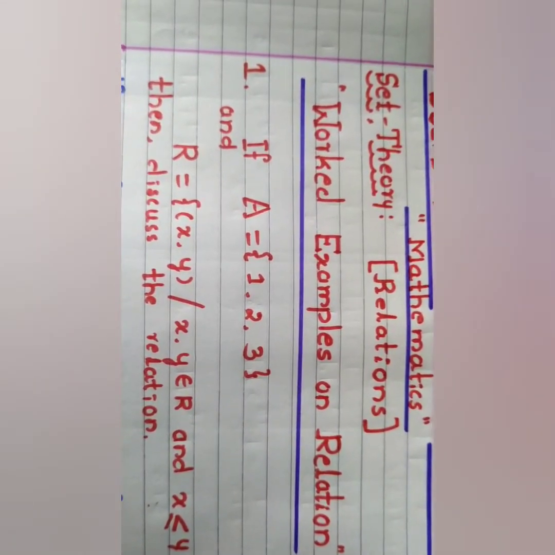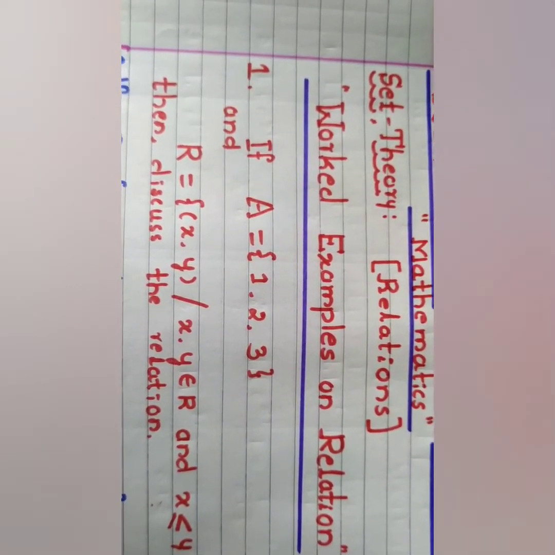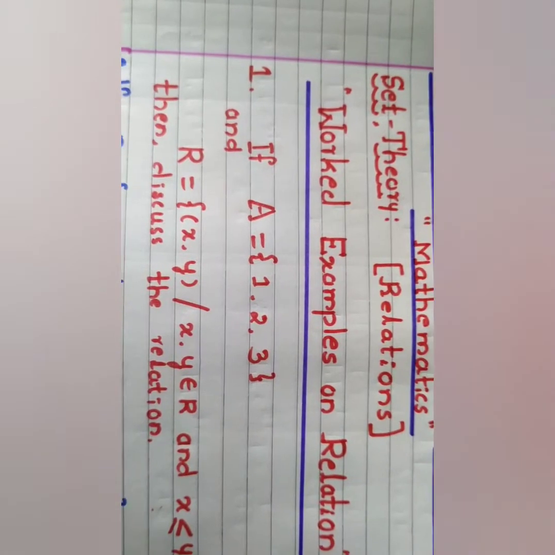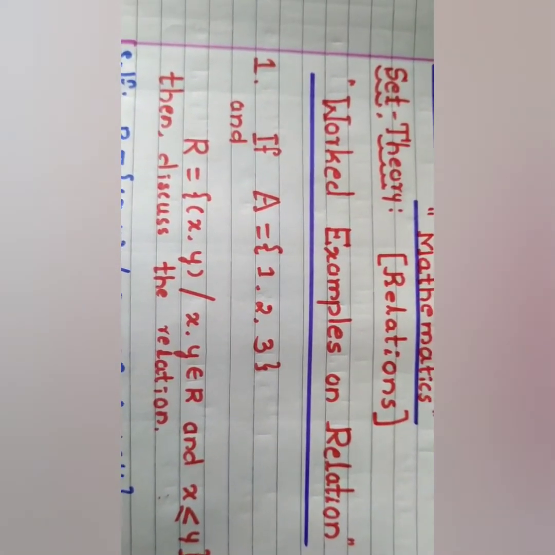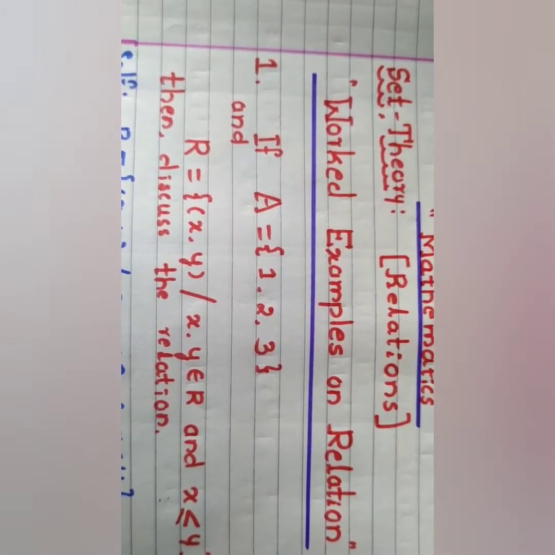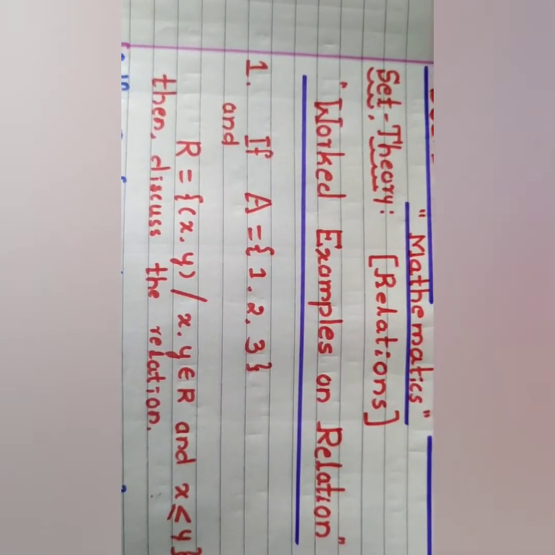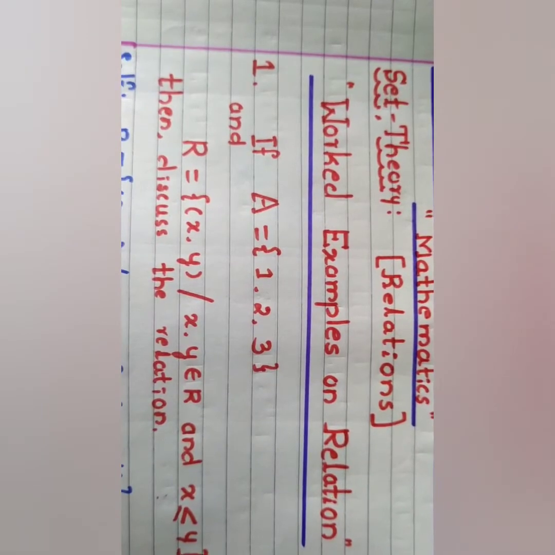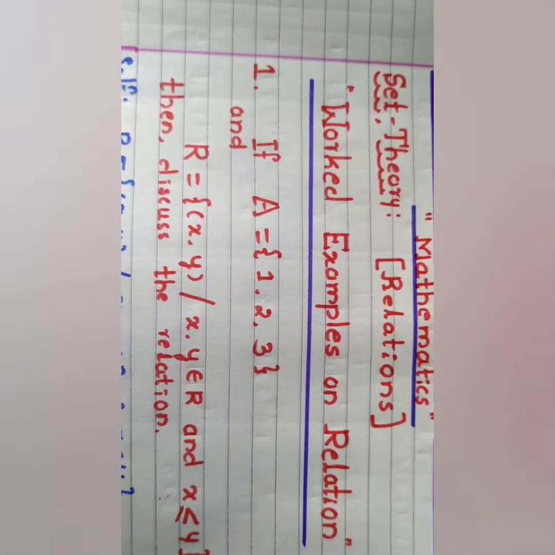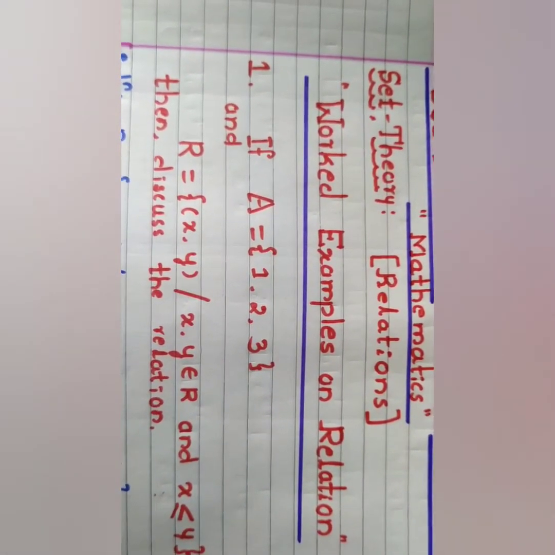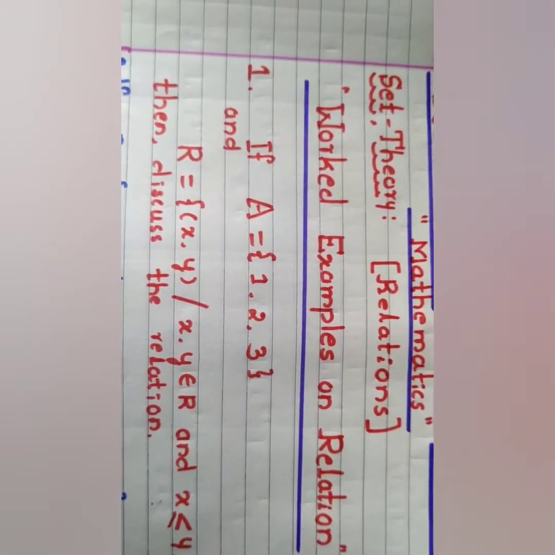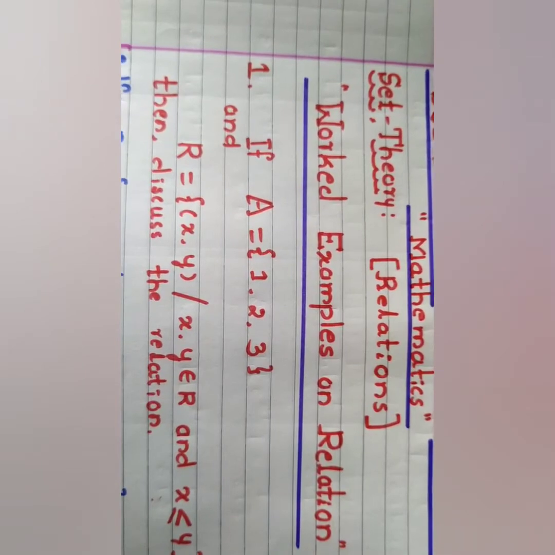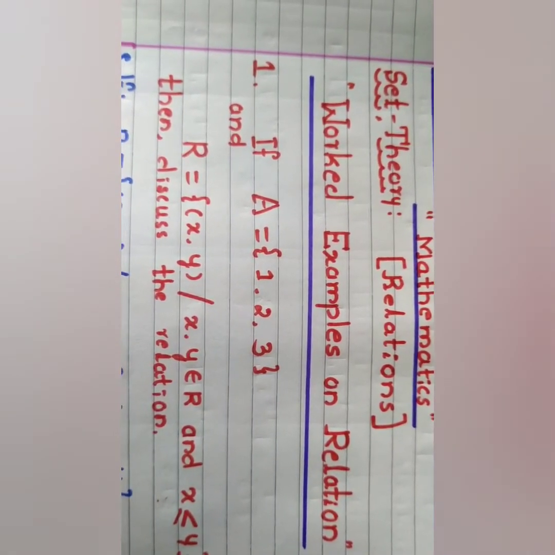R is defined such that x and y are elements of the real numbers, under the condition that x is less than or equal to y. Then discuss the relation. So our idea is to consider the set A and construct the relation R under the given condition. R is the relation, a pair (x, y) such that x and y are real numbers and x is less than or equal to y.